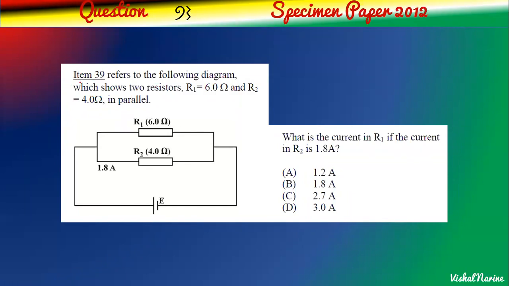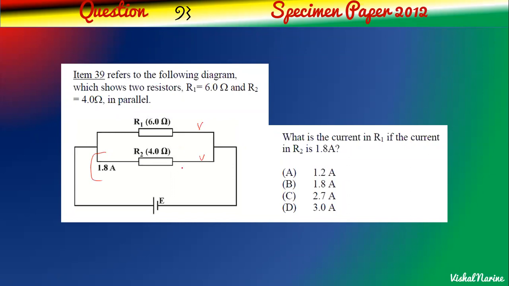So question 93 asks us, what is the current in R1 if the current in R2 is 1.8 amperes? The voltage here is going to equal the voltage here also, so we can work out the voltage value.